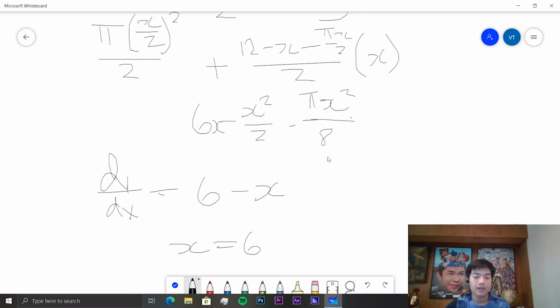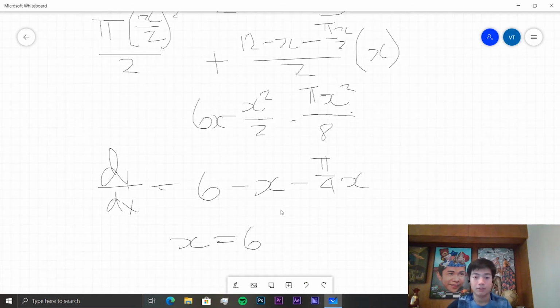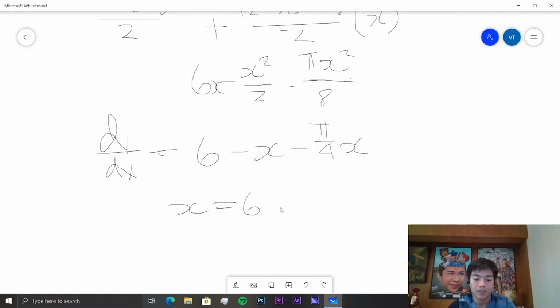So knowing this, if we get the derivative of this, we have 6 minus x minus pi over 4 x. And so when this derivative is 0, x will be equal to 6 times 4 divided by pi plus 4.